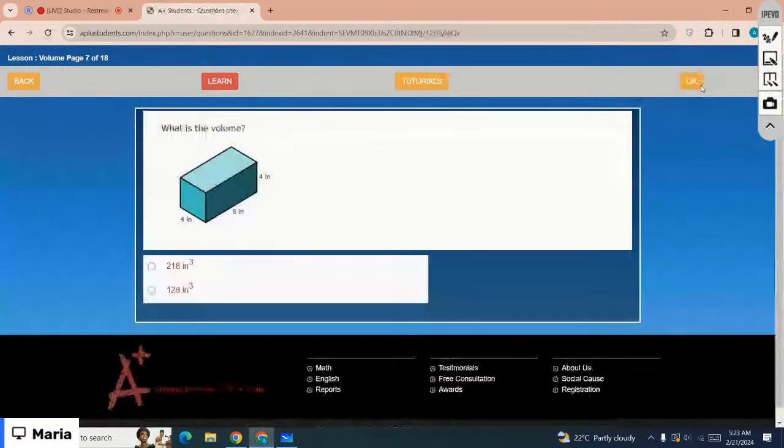So which is the correct option? You are given a rectangular prism, you have to calculate the volume.